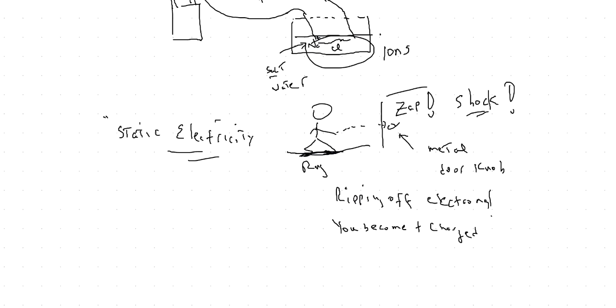Now, when you touch this metal doorknob, it turns out metals have electrons that like to move around. That's why metals conduct electricity. So if you touch this metal doorknob and you have a positive charge, those electrons want to go to where the positive charge is, and you get a shock.